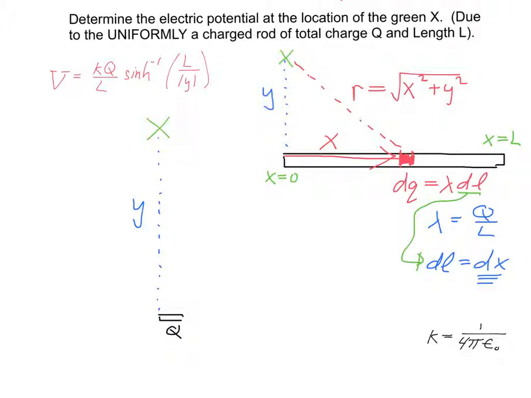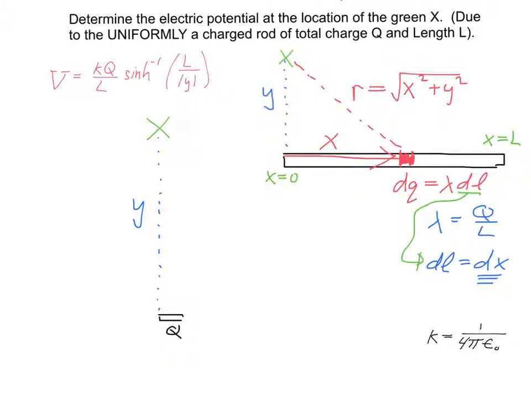And that becomes a better and better approximation as y gets larger and larger compared to this length L. So what we should have ultimately is that for y much, much larger than L, the electric potential as a function of y looks like the electric potential a distance y from a point charge q. So that's what this should approximate to in the event that y is much, much larger than L. So let's see if that works out.